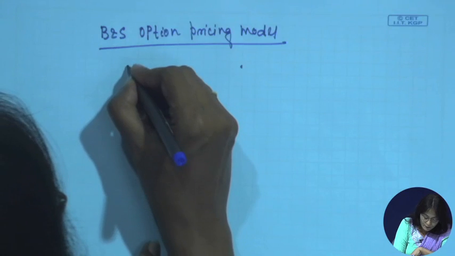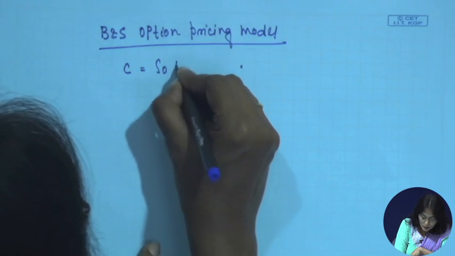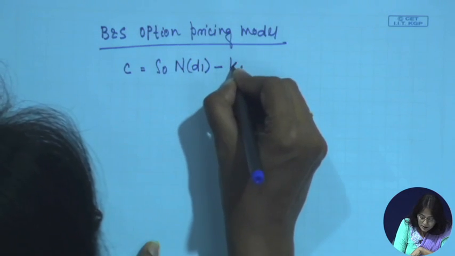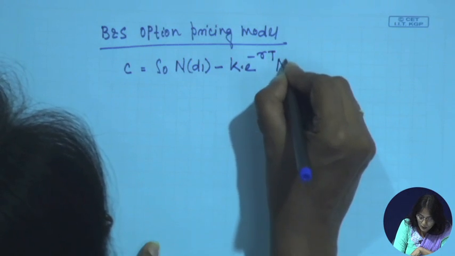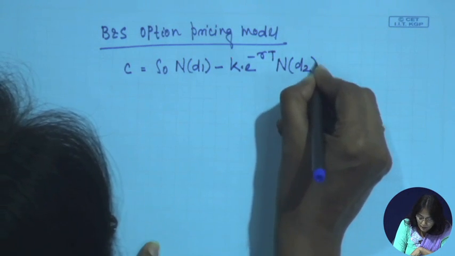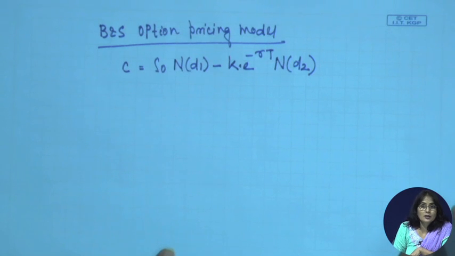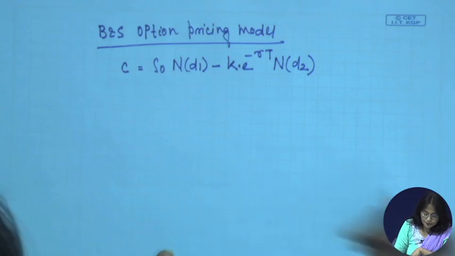So you have, if you recall, the call premium is nothing but S0 N(d1), the area under the normal distribution, minus K into e to the power minus RT into N(d2). I am not going into the explanation of N(d1), N(d2). I am sure all of you must have done these concepts in your regular derivatives subject.